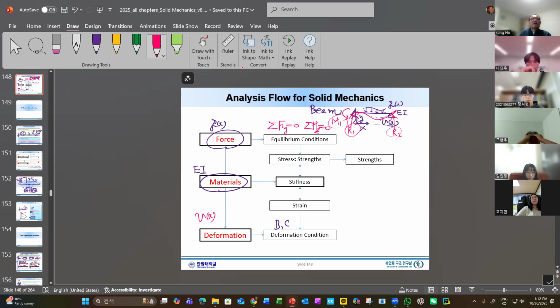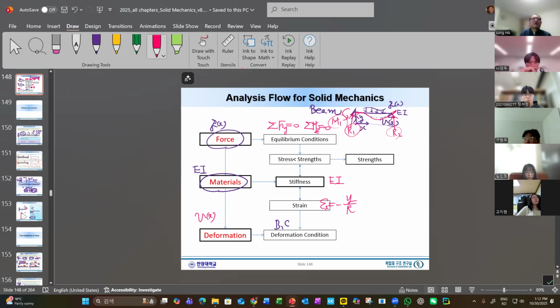And the strain, once we have V(x) with the boundary condition, we already know that epsilon x will be minus y over rho. This is from beam theory. And the stiffness, we have EI from the given.